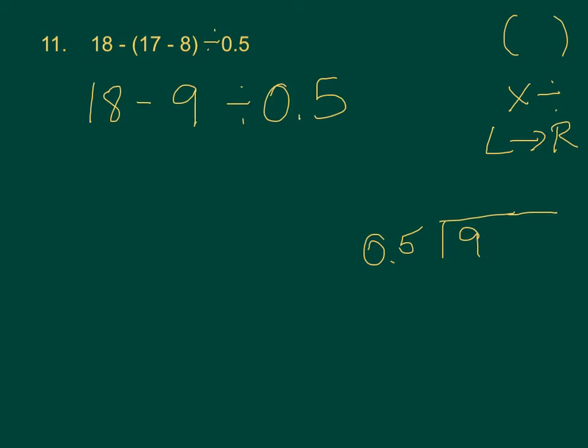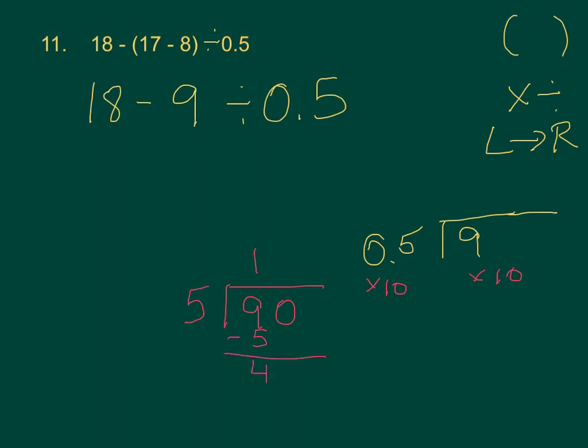I can't keep a decimal divisor, so I'm going to multiply this by 10 and it's going to become a 5. If I multiply the divisor by 10, I have to do that with the dividend, and 9 times 10 is 90. From here, I'm just dividing by 5s, and that's not so bad. I'll do shortcut. I can get one group of 5s out of this 9.